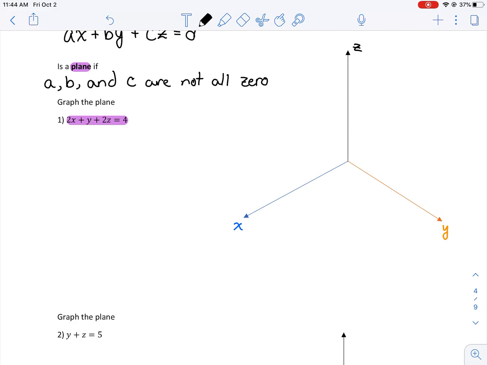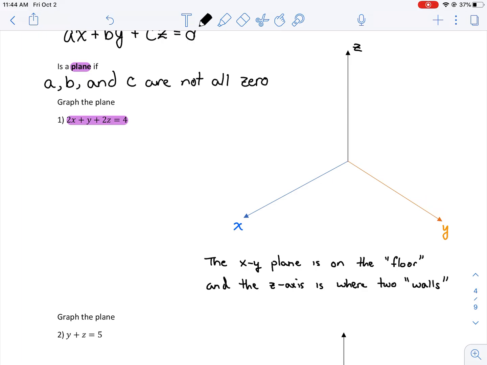So the way I look at it is the following. I look at it as the xy plane is on the floor. And the z-axis is where two walls meet.